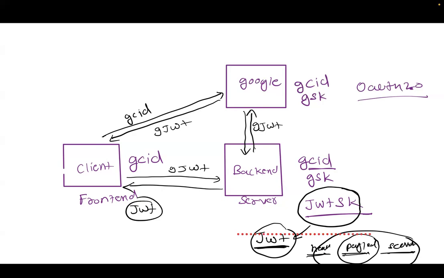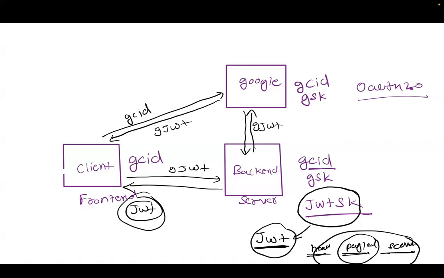Once the frontend gets this JWT, the frontend is logged into our application, and with every API call from here onwards, the frontend will send this JWT, and our backend is going to verify it. Now you can ask: can the client change something in the JWT it is sending?